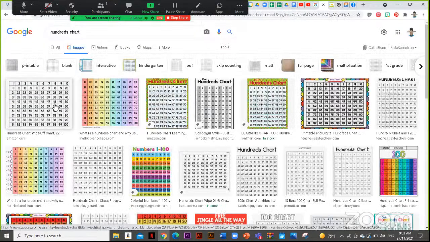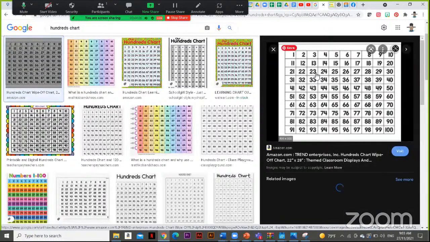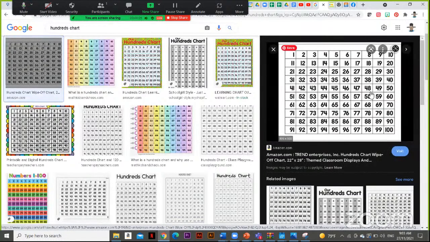All right, so here is a picture of a hundreds chart. 1, 2, 3 going across the 10, and we continue until we're at 100. If you know the different things about hundreds charts, you'll realize that there is some kind of pattern or organization of the numbers that will help you to use different clues to insert missing numbers.